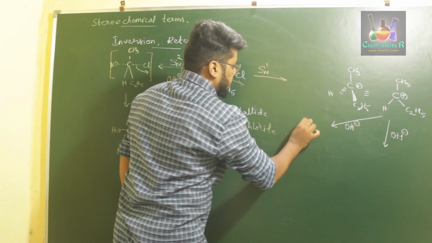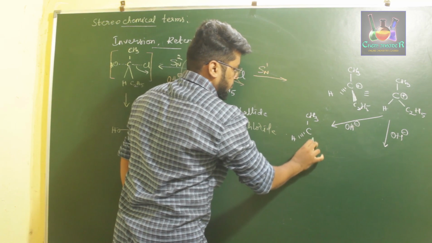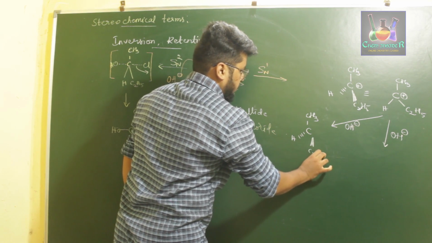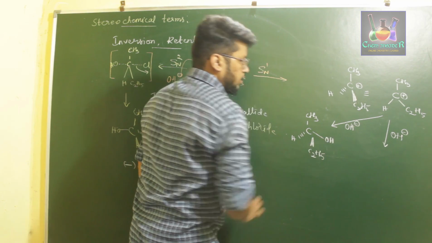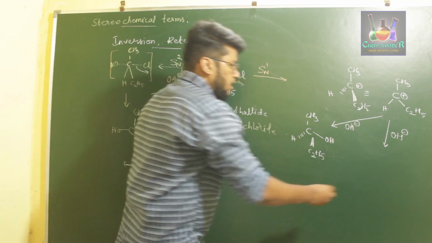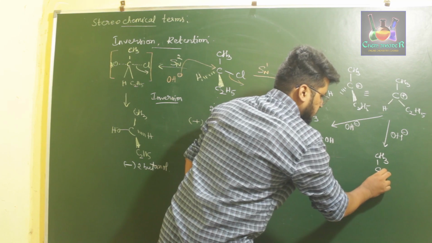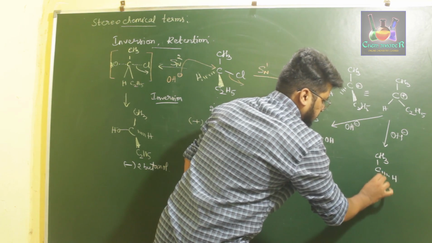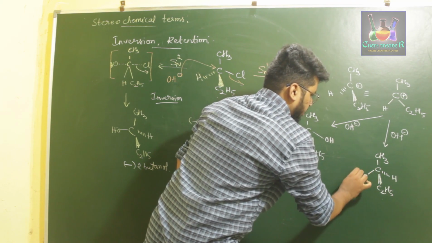We'll get CH3, H, C2H5, OH. So this is a new bond. Or it can form a different compound, that is, inversion in configuration: CH3, H, C2H5 and OH.